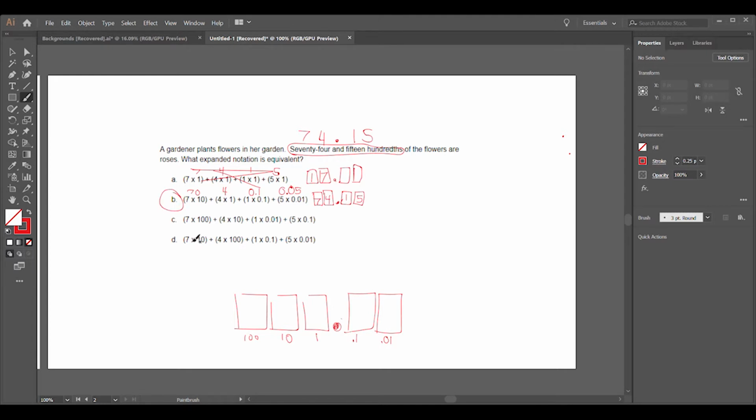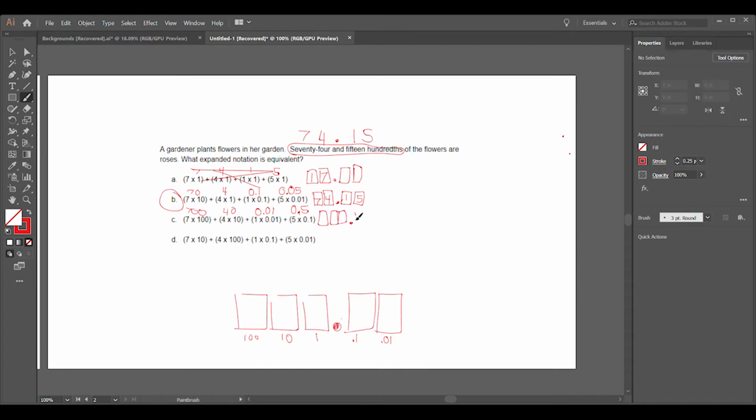And just out of curiosity, let's take a look at these other ones and see what kind of numbers they make. Alright, 7 times 100 is 700. 4 times 10 is 40. And this is 1 times 1/100, so 0.01. And plus 5 tenths. Well, that one's going to have hundreds on it. So, here's my ones, tens, and hundreds.